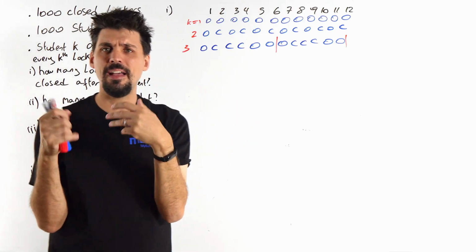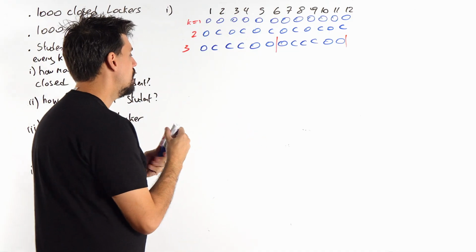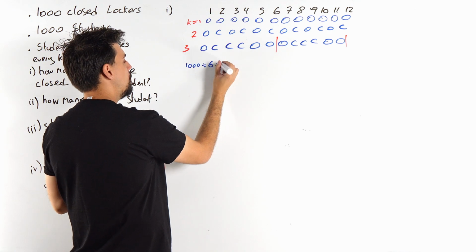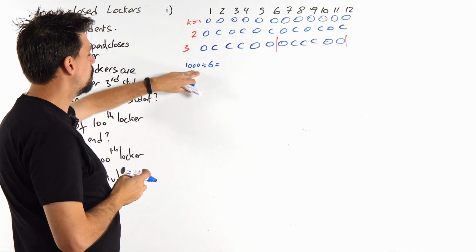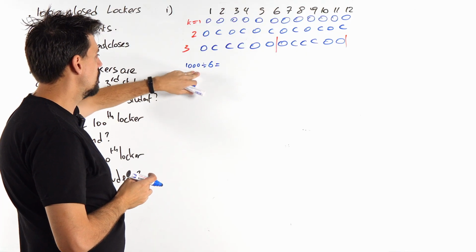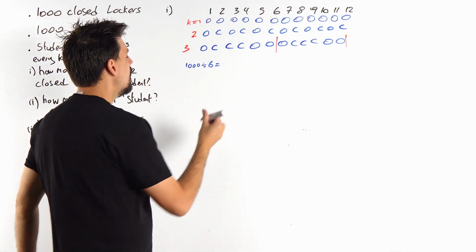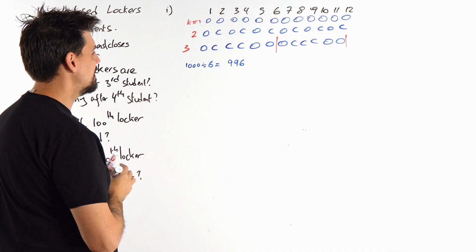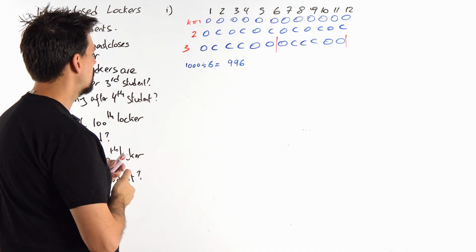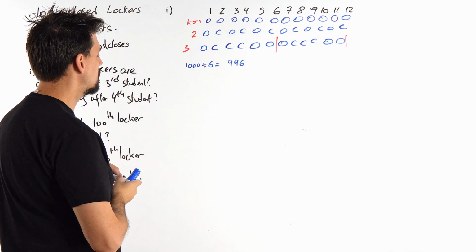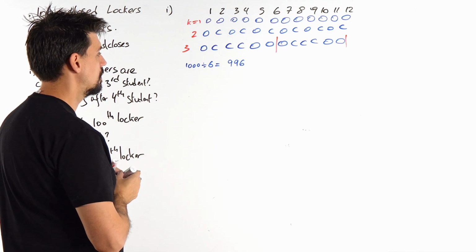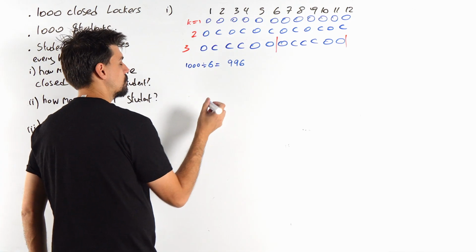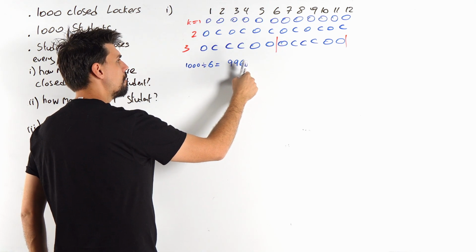But how many times does a pattern of 6 go into 1,000? So 1,000 divided by 6, how many times does it go into it? Well, what's the nearest multiple of 6 to 1,000? 900 is good, 990 is good. I think 996 is the closest multiple of 6.